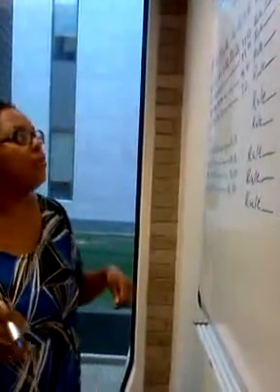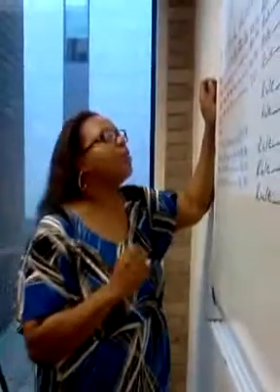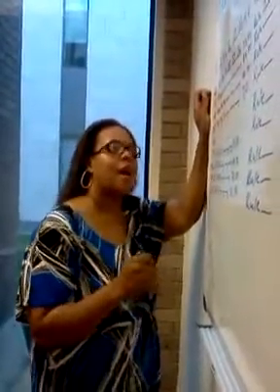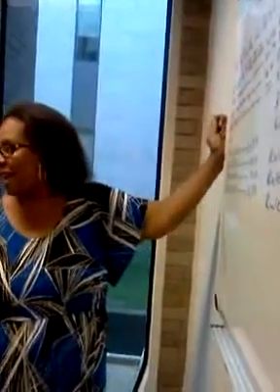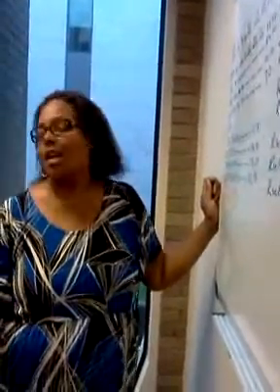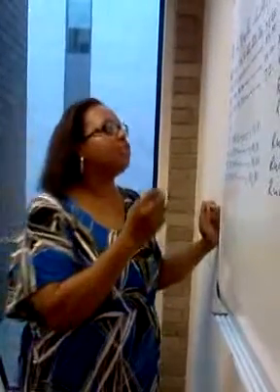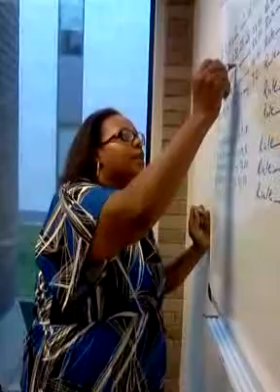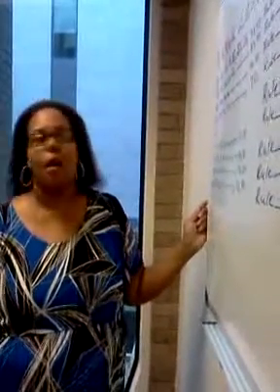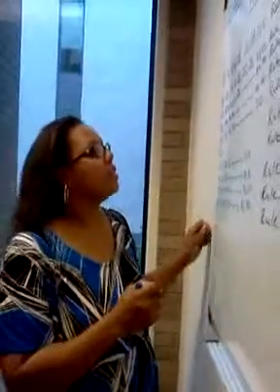So let's try another. Moving on. This should be fun. Number 3 says 55, 60, 65. Who has the next number? Let's try 70. And if this is going to be 70, what might the next number be? 75.